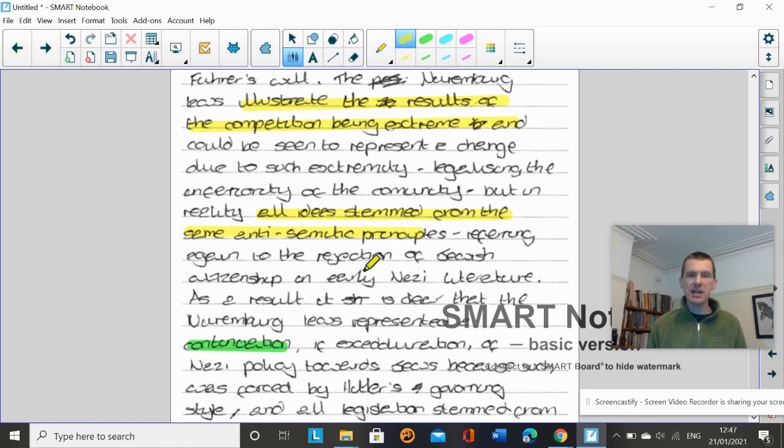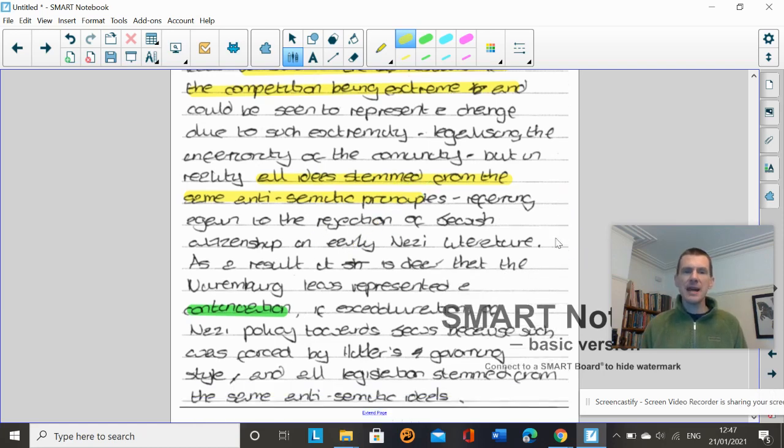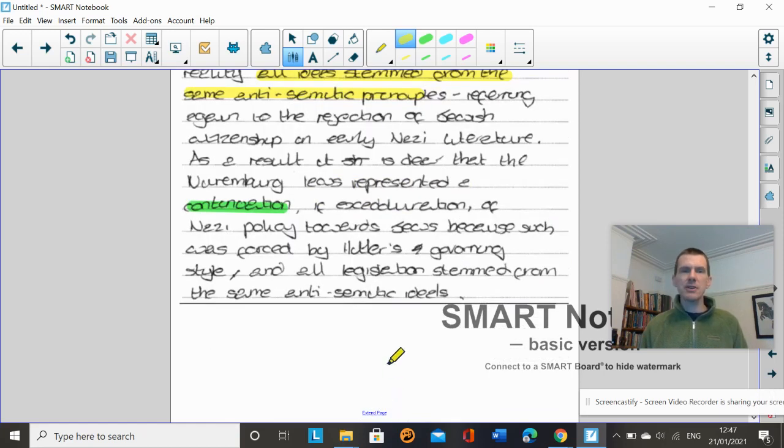Referring again to the rejection of Jewish citizenship in early Nazi literature. As a result, it is clear that the Nuremberg laws represented a continuation, if exaggeration, of Nazi policy towards Jews, because such was forced by Hitler's governing style, and all legislation stemmed from the same anti-Semitic ideals.